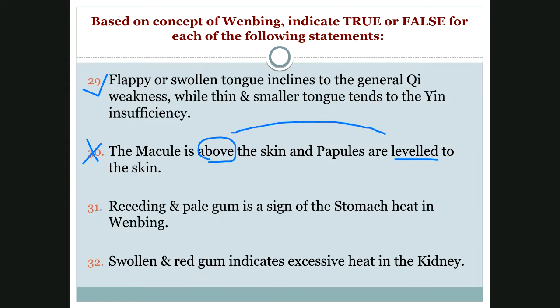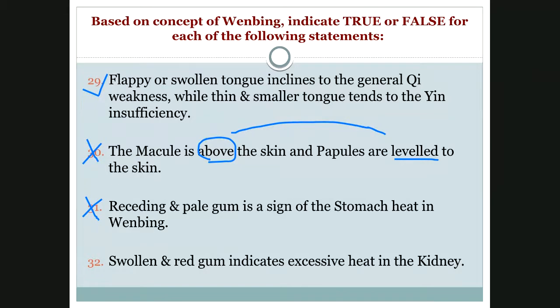Now, 31: receding and pale gum is a sign of stomach heat in Wenbing. False. 32: swollen and red gum indicates excessive heat in the kidney.